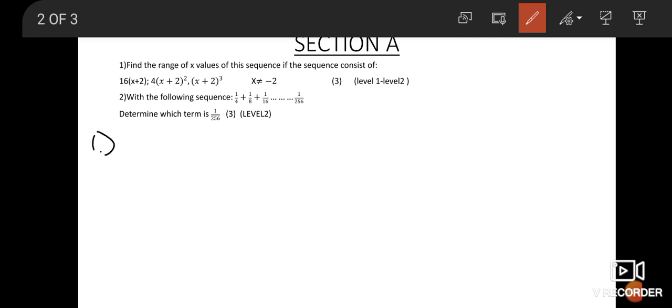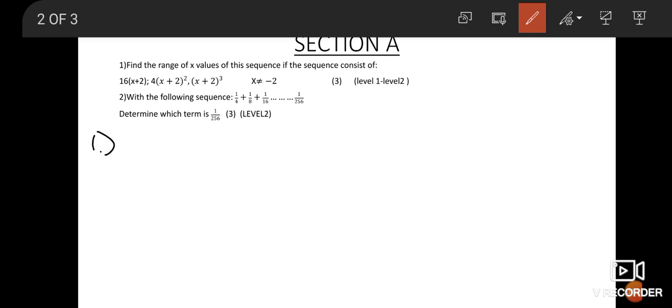with number one, what's the most important thing? The question asks, find the range of x values of this sequence if the sequence consists of 16 times x plus 2, multiplied by x plus 2 to the power of 2, x plus 2 to the power of 3.